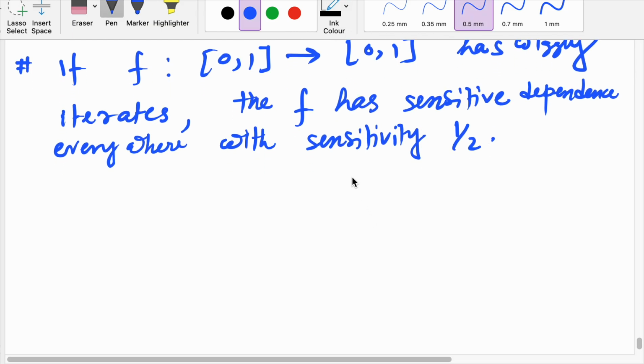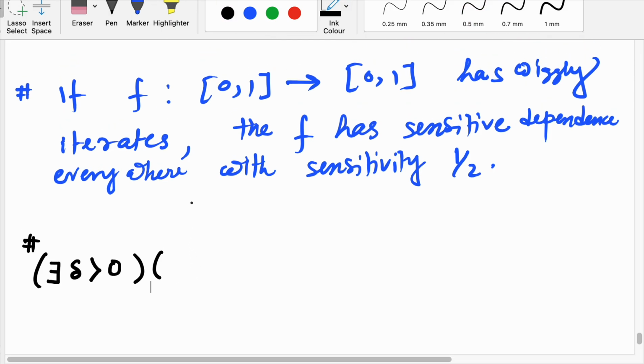So let me again recall the method of proof. What is the definition of sensitive dependence? There exists a delta greater than 0, a constant which is called the sensitivity constant, and we want to prove that it has everywhere sensitivity.